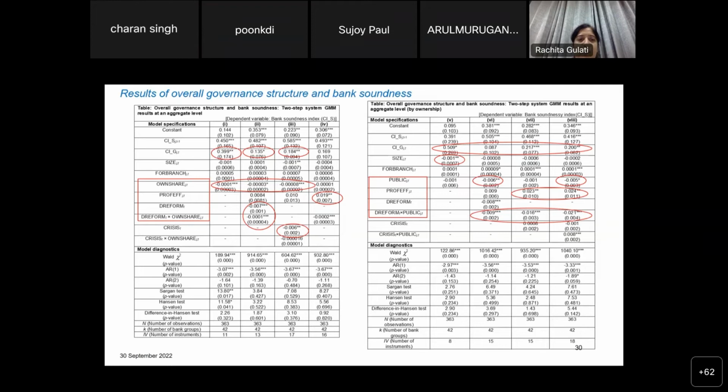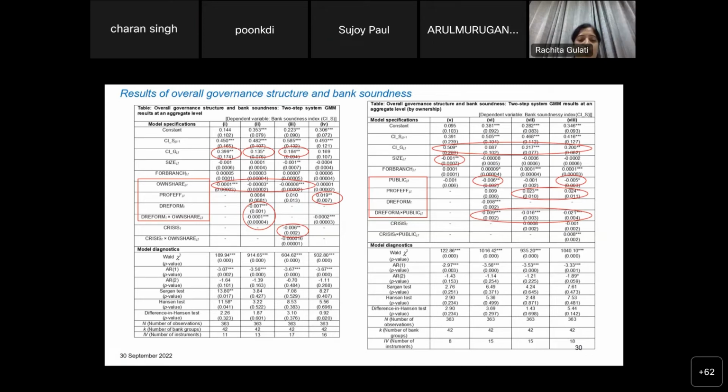This is reflected from the positive sign of the profit efficiency variable with soundness in the different specifications, and that could be through dynamic loss provisioning, generating substantial capital buffers, which can reduce the destabilizing effects.